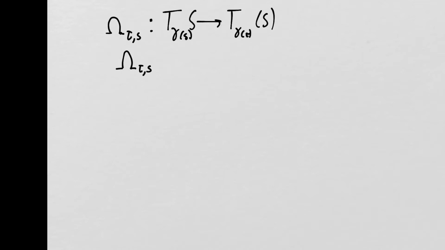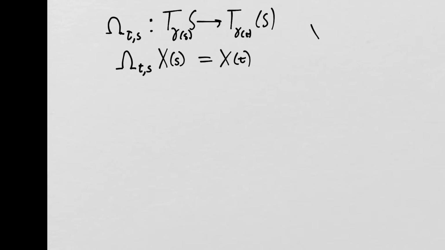All operators have to be defined as mappings, and it is a mapping from the tangent space at γ of s to the tangent space at γ of t. At first this seems kind of ridiculous, but the way the operator works is that Ω_{t,s}, it's not a τ now, that's a t, operating on x of s will equal x of t.